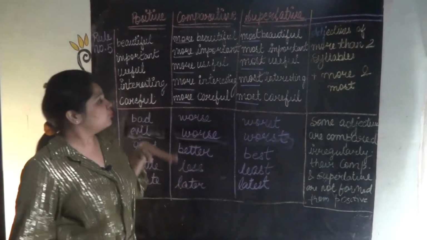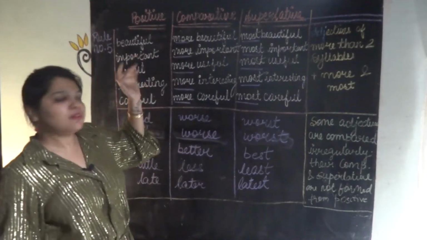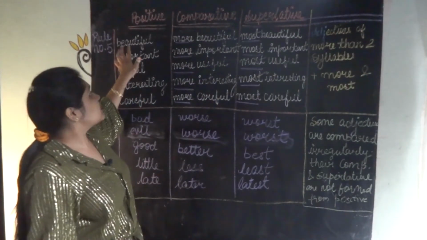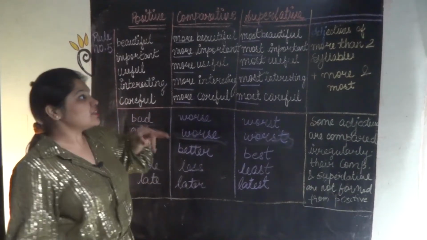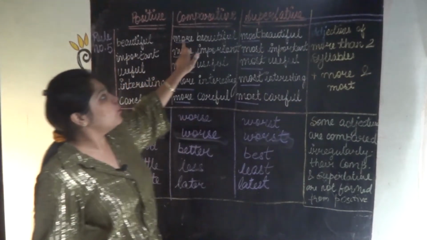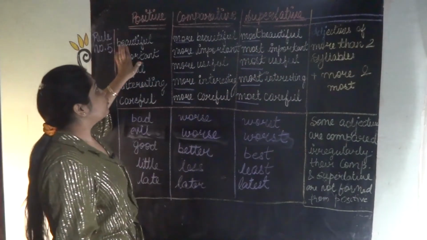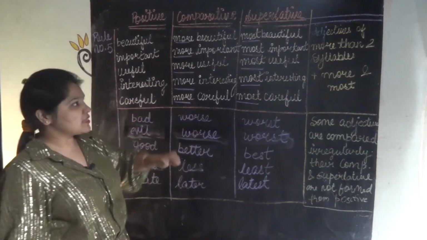Now let's move to rule number 5. What does rule number 5 say? Rule number 5 says that if a word has more than 2 syllables, then we will add more and most to the word. Like, see, beautiful. Now you'll get to know better what a syllable is.